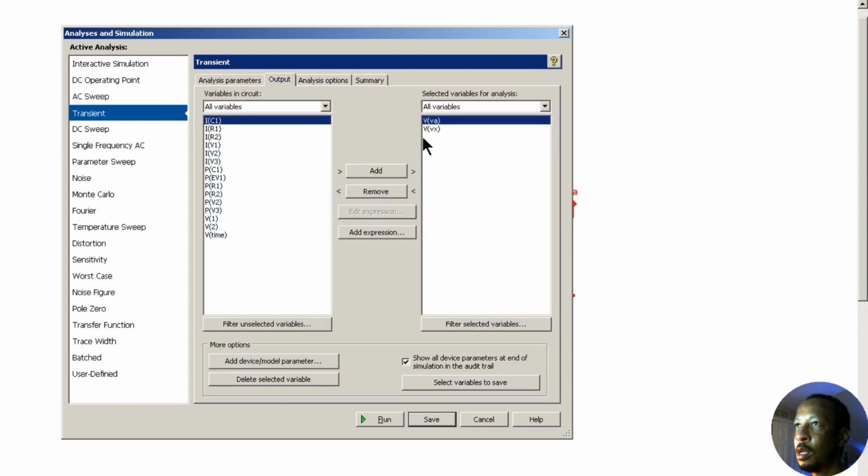And then I'm going to output, first of all, just to clarify and clear things up. Remember, in the analysis, I said Vx was equal to 20 over S, which in the time domain equals 20 U of t, in other words, when it starts. So Vx should never change from 20. Let's see if that's true.